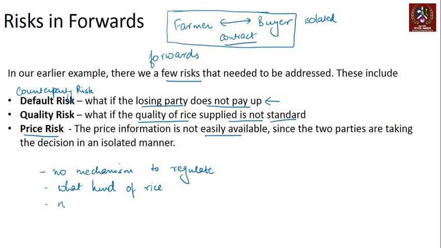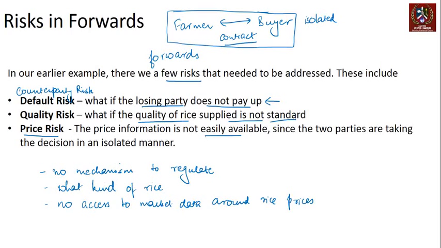So no access to market data around rice prices, because these are two independent people dealing with each other. One of them believes price might be 90, the other also believes price might be 90. Who knows if the price is actually 80 in the real market? Who knows if demand and supply have changed the dynamics? So there is a risk that comes in because of them trading in an isolated manner.